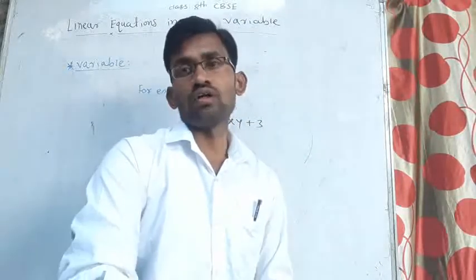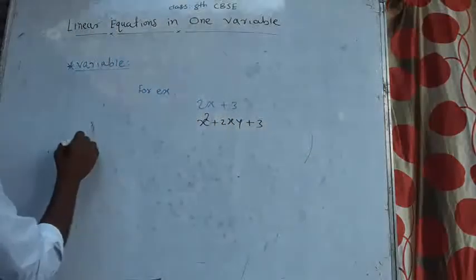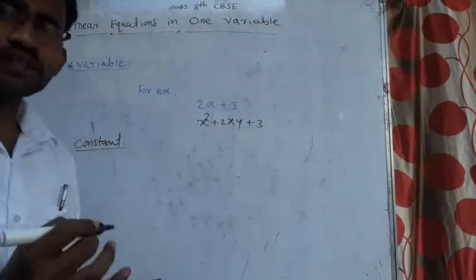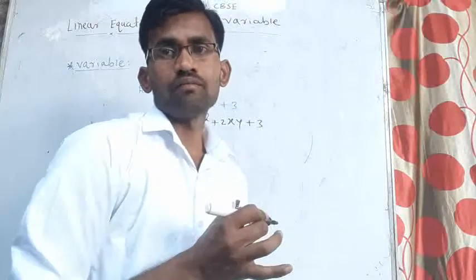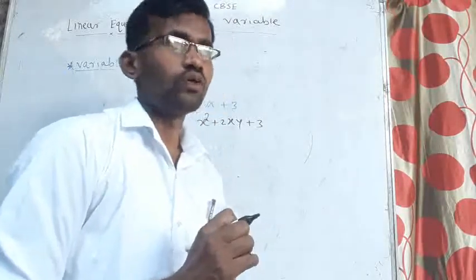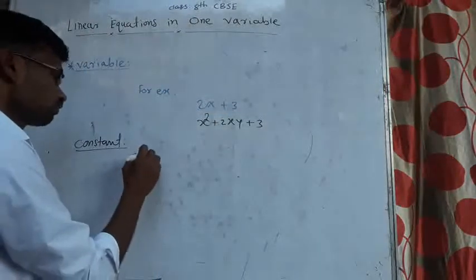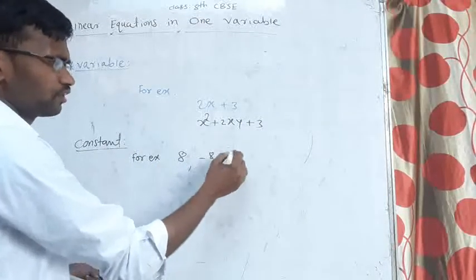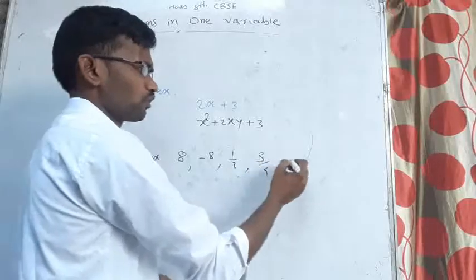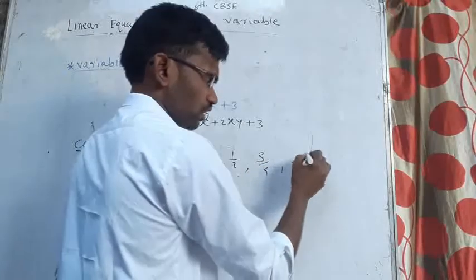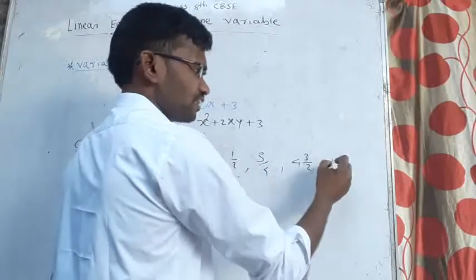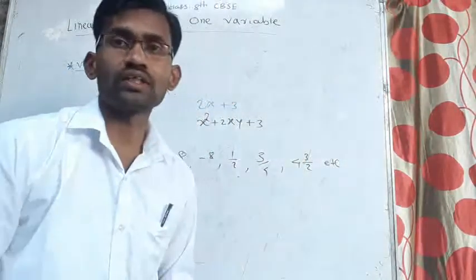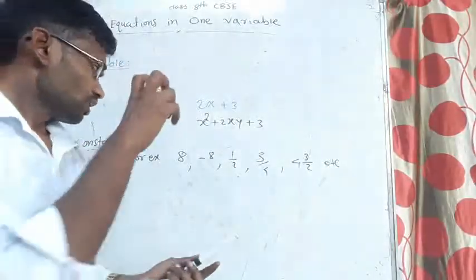Now we will see constant. What is meant by the constant? A symbol which is used in algebra which has a fixed value. For example, 8, minus 8, 1 by 2, 3 by 4, 4 whole and 3 by 2, etc. These are the constants which have a fixed value.